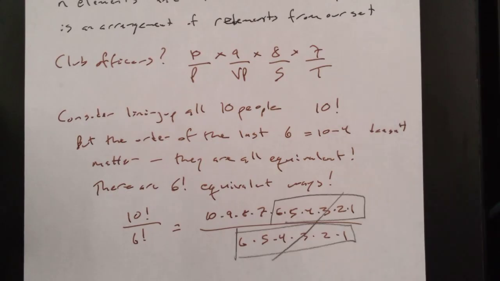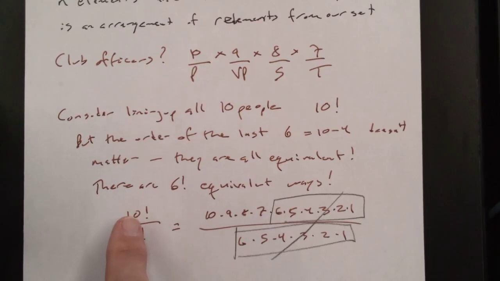This is a better way, or at least in my opinion, a more efficient way to count our permutations. I have the 10 people on top. That's the size of the whole group. And on the bottom, I have the people I don't care about their order.